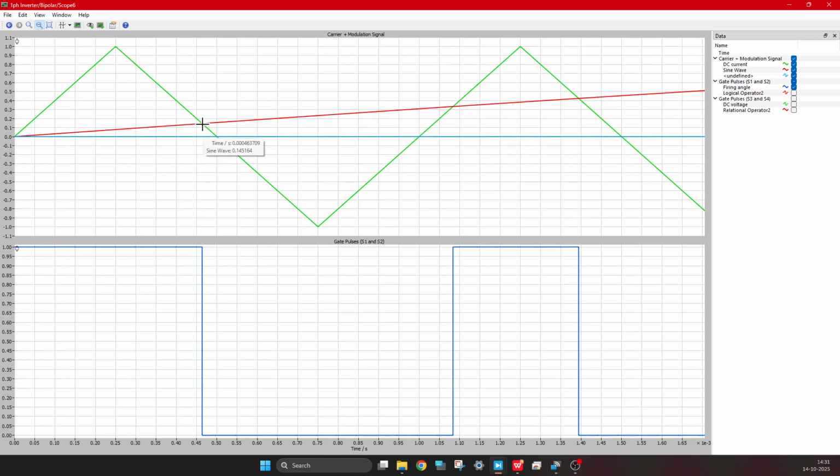In this case, until this point, can you see that in this period the triangle has a higher value than the modulation? Red is the modulation signal. So the triangle is higher, and in this period higher value means it stays high.